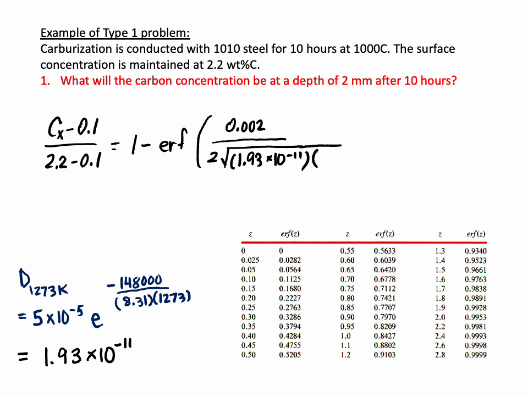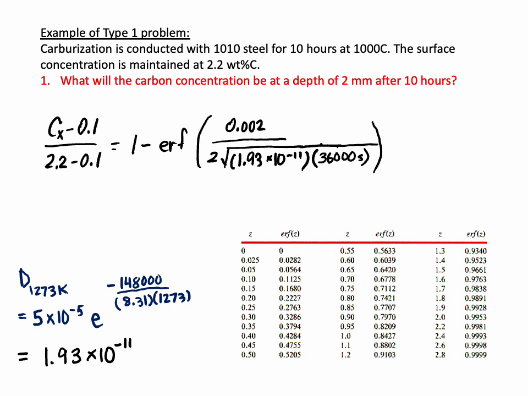And time was 10 hours, 36,000 seconds. So my unknown's on the left side, just like I defined for problem type 1. And everything in the parentheses here, I know the value of.